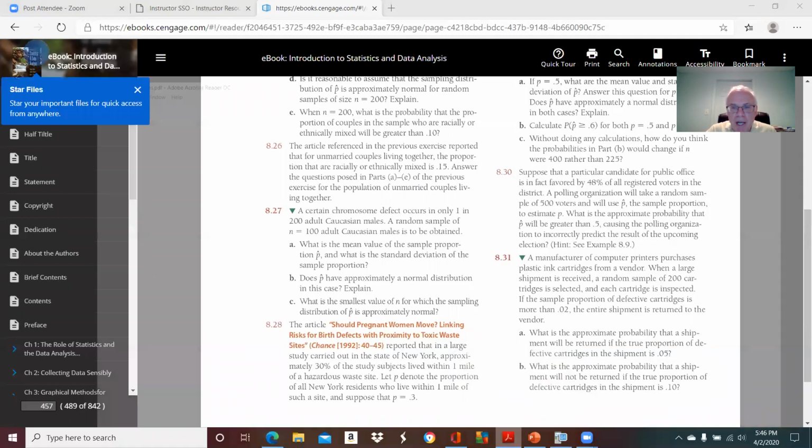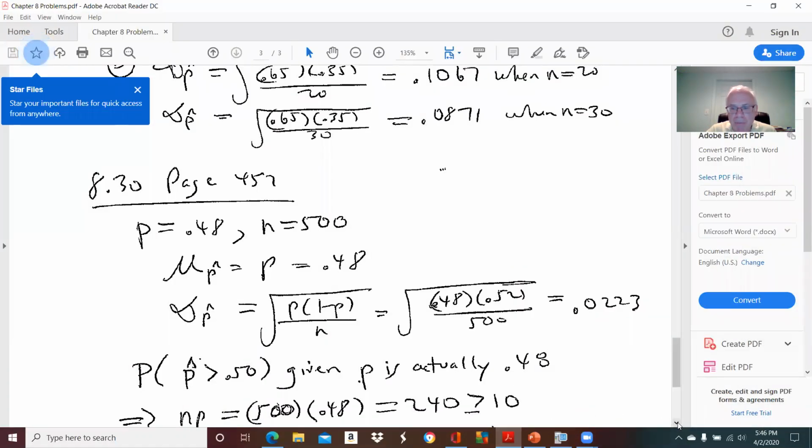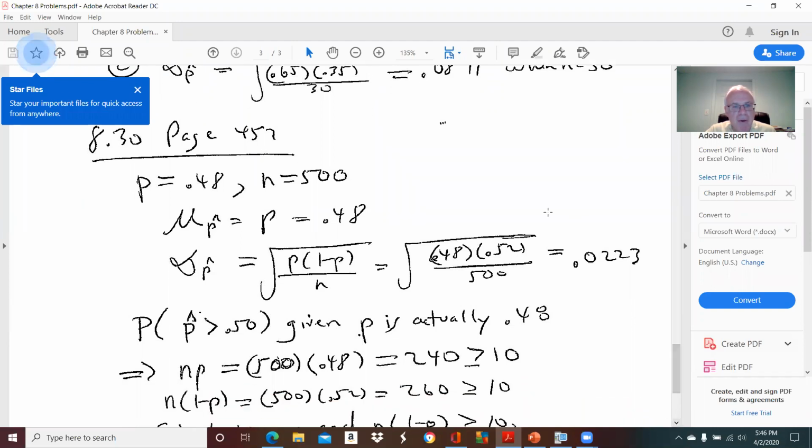So let's go to the actual result here. p is 0.48, n is 500. Remember, the mean of the sampling distribution of p hats is equal to the population proportion, so that's 0.48, and the standard error is the square root of p times 1 minus p divided by n, and it's 0.0223.